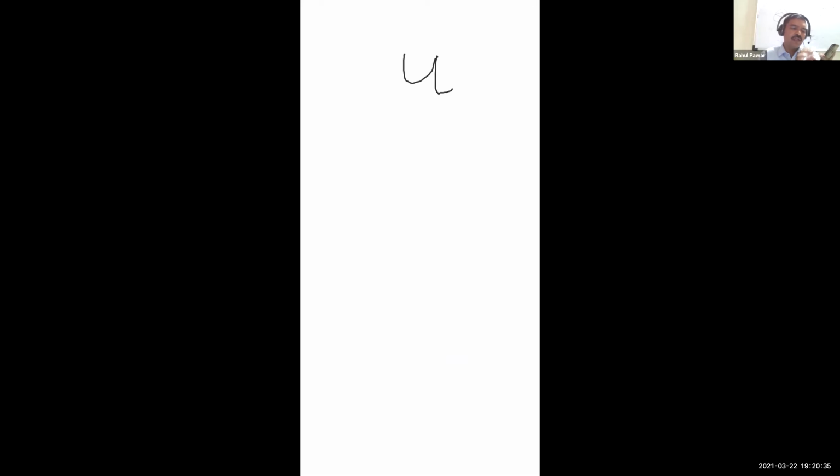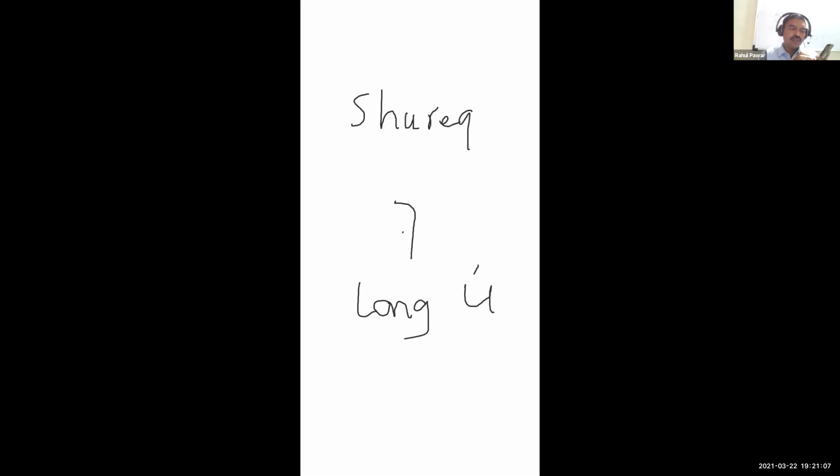There is nothing over the U. You can see it's a simple U. Whereas in shurek, you see a dot in the vav. So it gives a long sound, and you see over the U the circumflex is towards upward. It gives a long U sound.